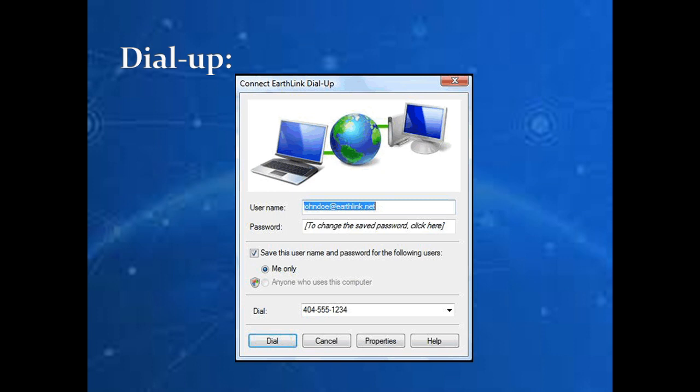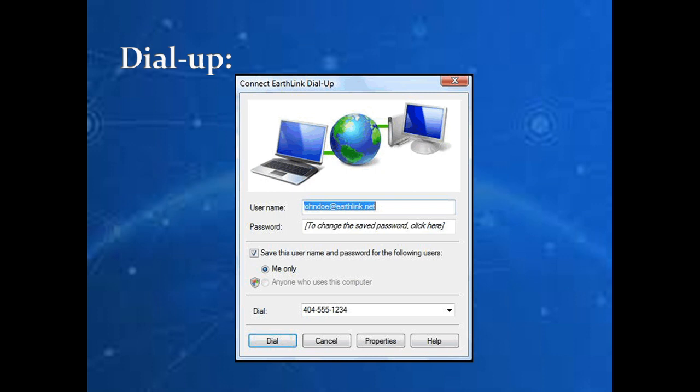We have to connect it with our telephone, and then click on the dial button, then connectivity takes place. This happened in the very early days, and it was a comparatively slower process. Very slow connectivity was there.